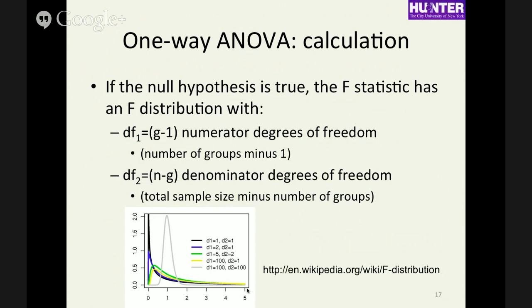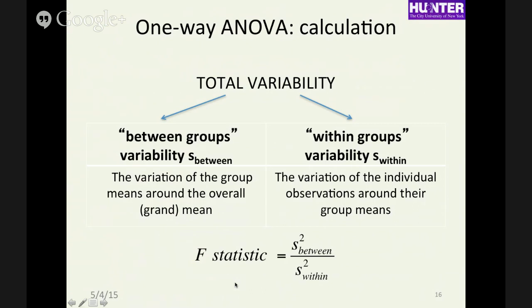Anyone want to agree or disagree? How would you interpret that? So let's say we have an F statistic of 5. What does that mean? What does an F statistic of 5 mean?